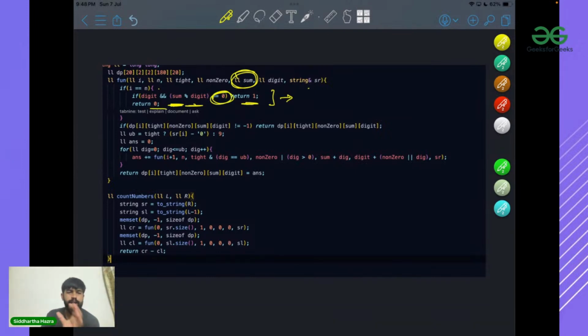The base condition is that we have used up all n digits, and now you just check if the sum is equal to digit sum. Simple enough. This is a memoization part, where if the answer is already calculated, return it.